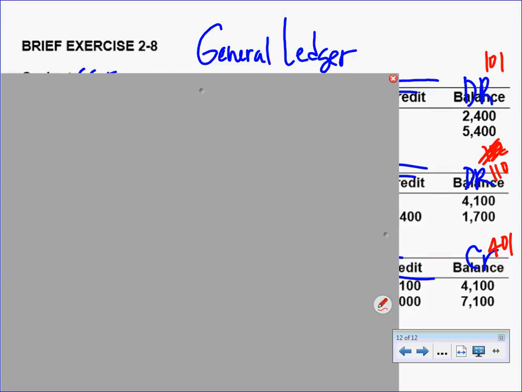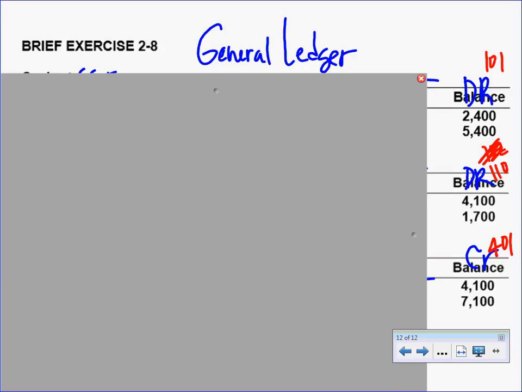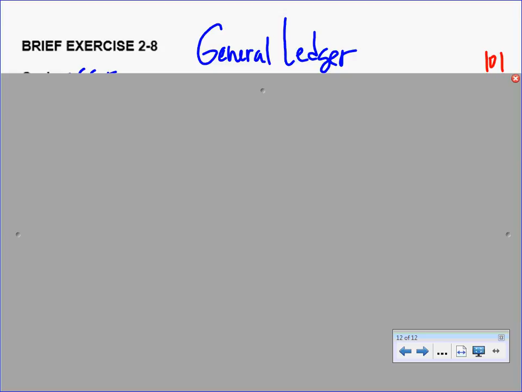All right, so let's post these. You're looking at the bottom of page 80 to know what to post where. Like the journal has been done for you. Now you have to go transfer the information to the general ledgers. First thing I see, May 5th, we had an AR debit of $4,100.